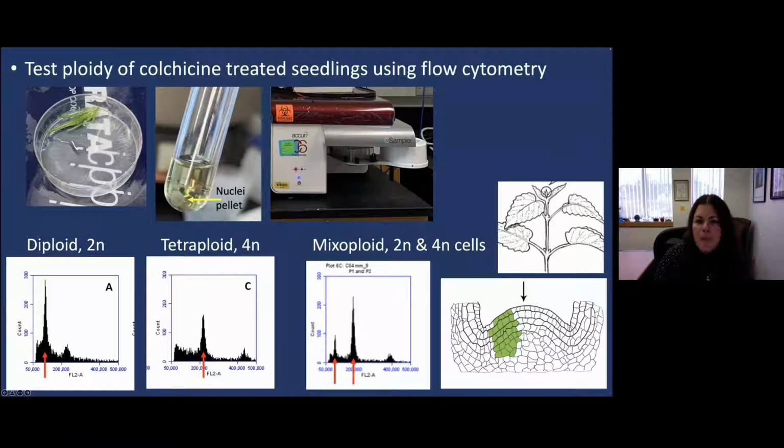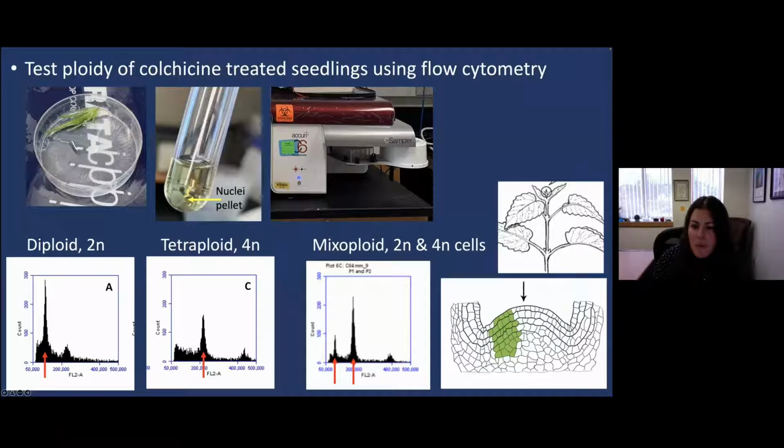Then we put this in the flow cytometry machine, and we get a readout like this, where the peak represents the DNA content, and the positioning of the peak represents whether you have the diploid condition or the tetraploid condition, which is twice that of the diploid. And of course, this would be what we want.